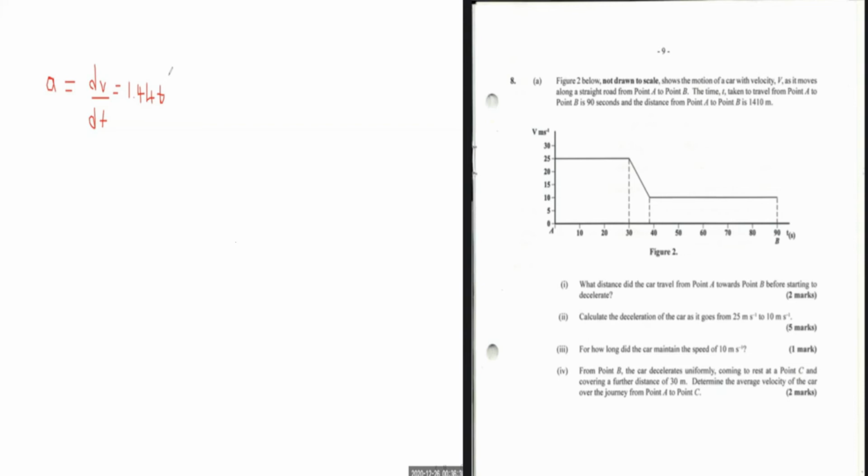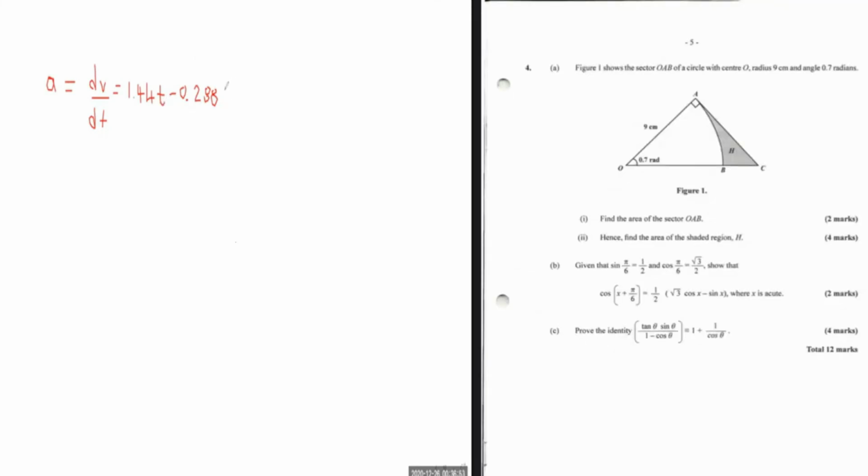That's 0.288. That becomes minus 0.288. That's acceleration: 1.44 t minus 0.288. And when this is equal to 0, it has no acceleration.